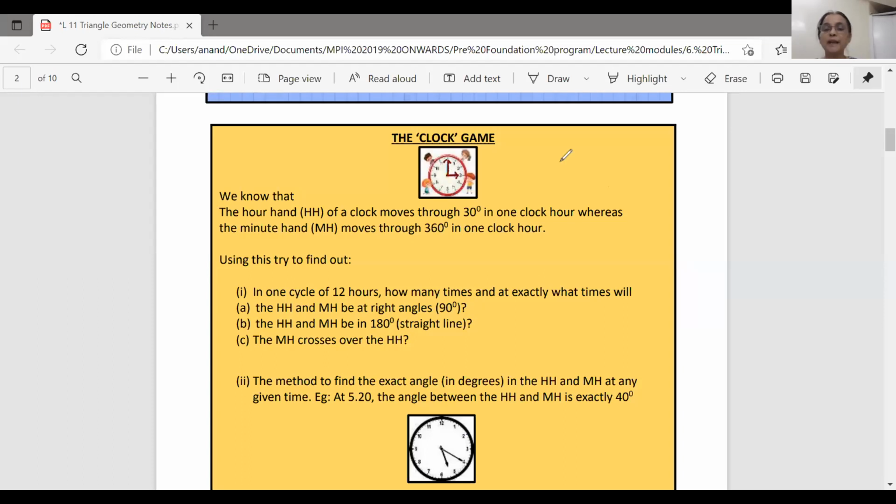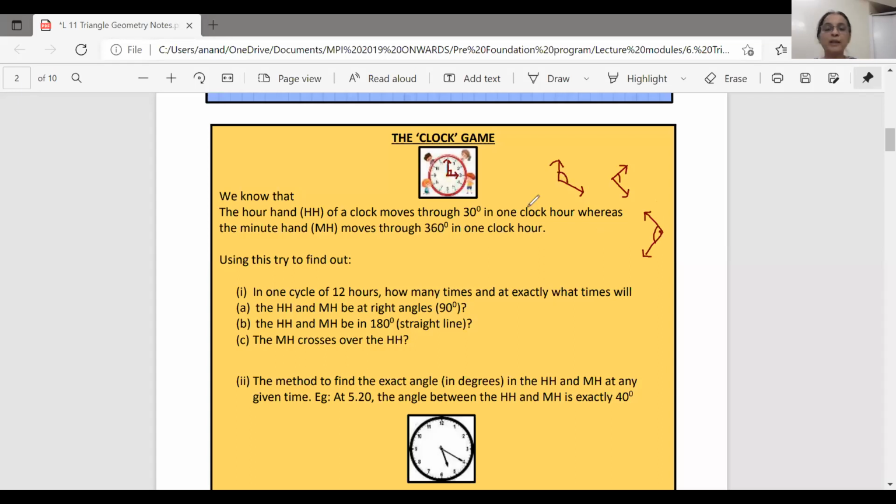Now at any given time, what will be the exact angle between the hour hand and minute hand? We know tentatively 3 o'clock will be a right angle. Then 12 o'clock will be a zero angle. 6 o'clock will be a straight line. But at any time, what is the angle between the hour hand and minute hand? We can find it out.